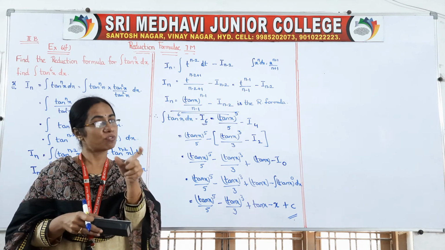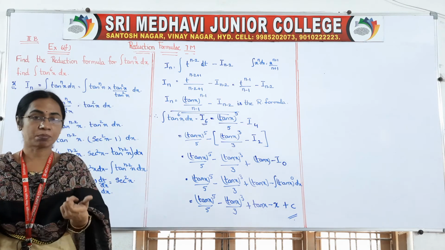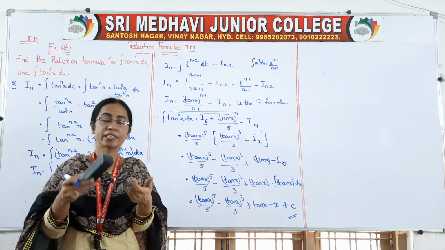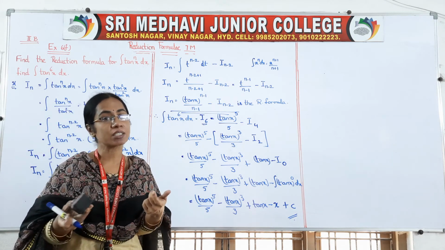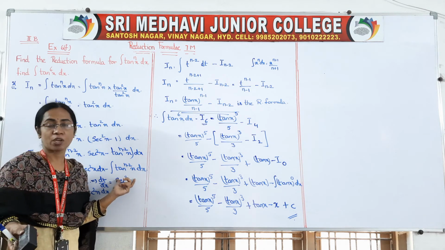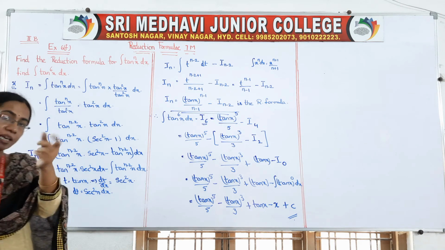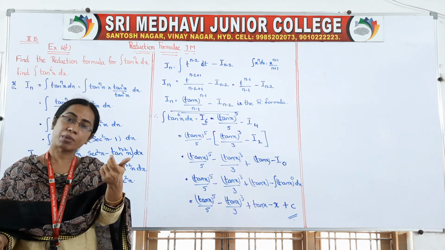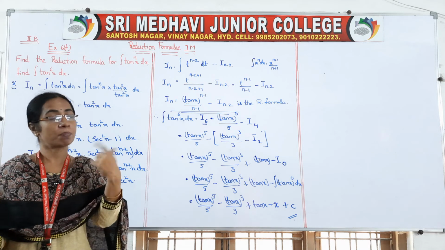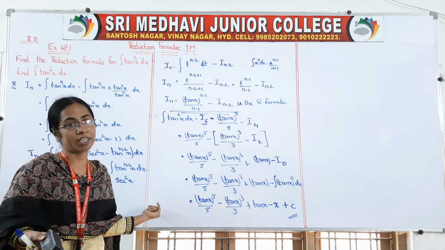If the function has power n minus 2, we write I_(n-2). Suppose the function has power n minus 1, then in its place we write I_(n-1). So if the power is n minus 1, I_(n-1); power is n minus 2, I_(n-2), like that we have to take, right.